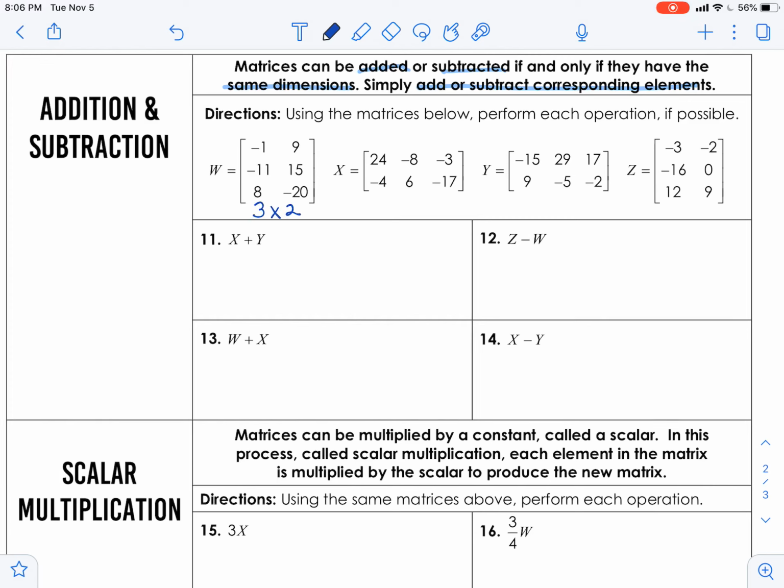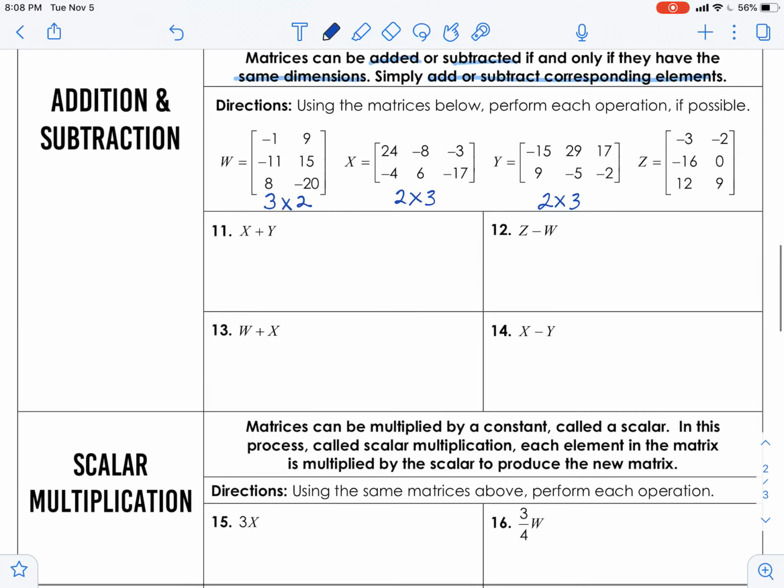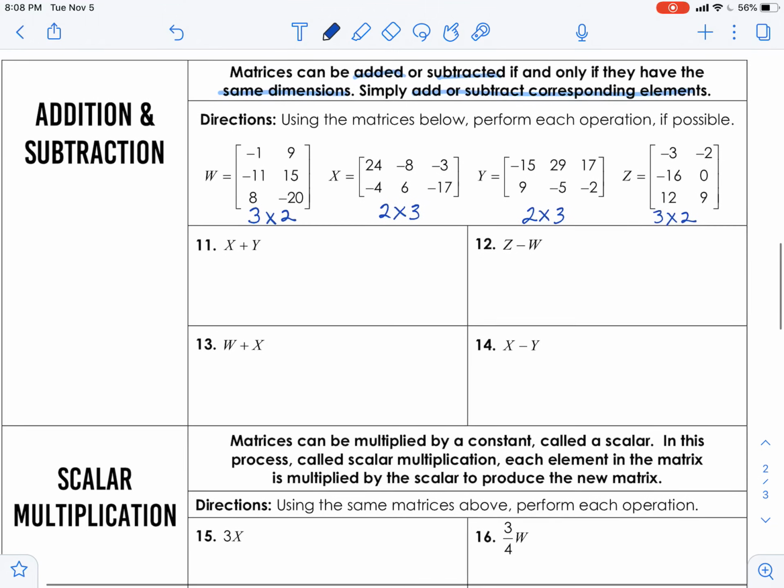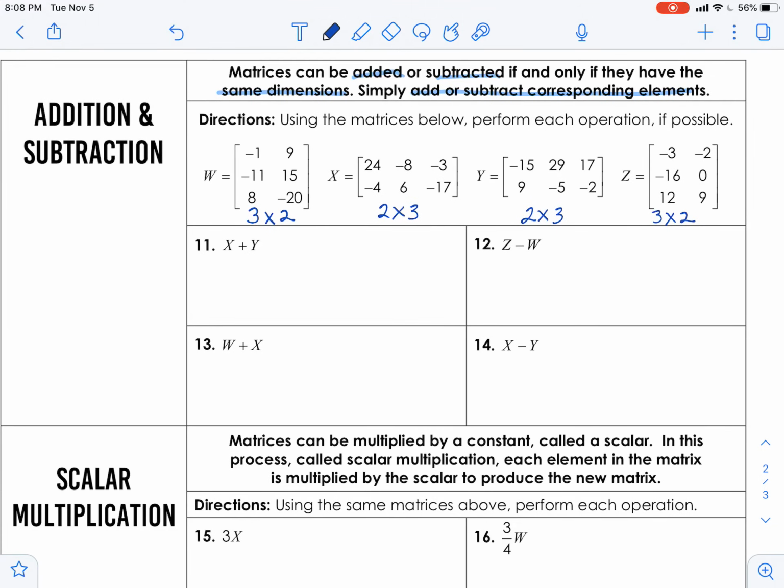Go ahead and do X. And it is a 2 by 3. Y. It is also a 2 by 3. And Z. 3 by 2. Now again, remember, you can only add if they have the same dimensions.